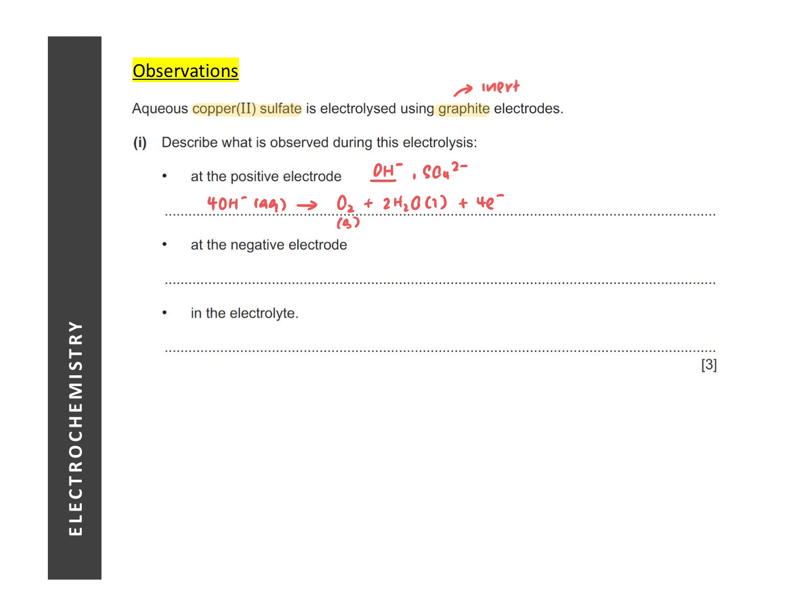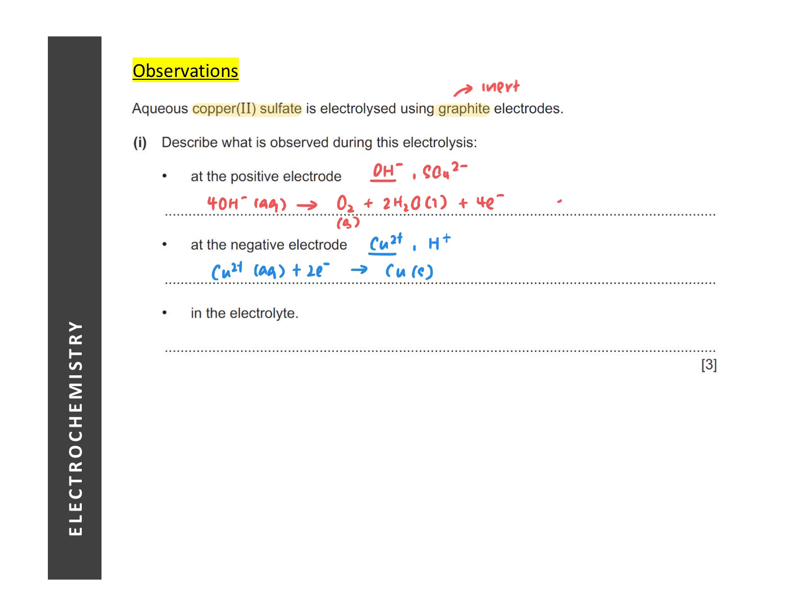At the negative electrode, which will attract your cations, you would have copper and hydrogen ions. So in this case, copper ions are below hydrogen, so your copper ions will be reduced at the negative electrode to form your copper metal. So what would you observe at the positive electrode?